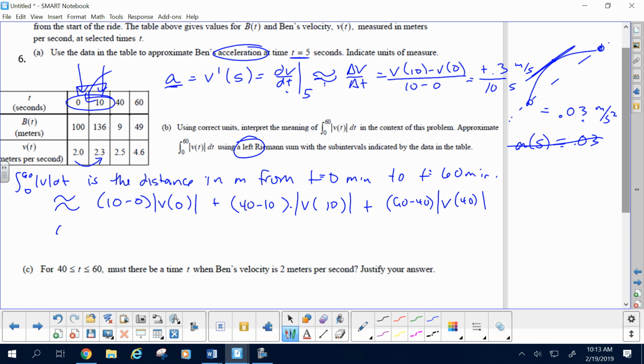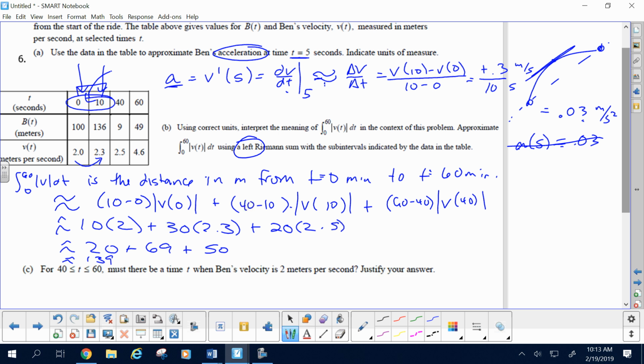If you do that well, you're getting something like 10 times 2 plus 30 times 2.3 plus 20 times 2.5. I'm feeling 20 plus 69 plus 50, 139. And what are the units on that? Meters, because that's the distance the unicycle travels. Okay?